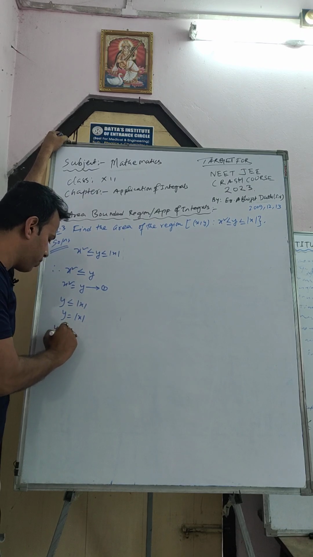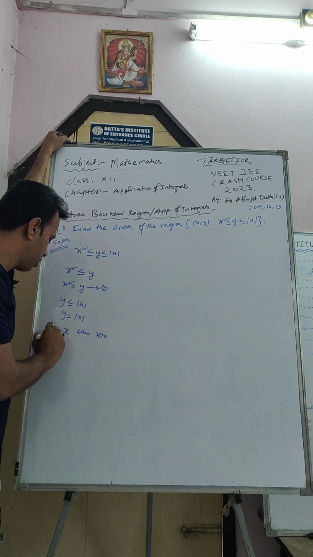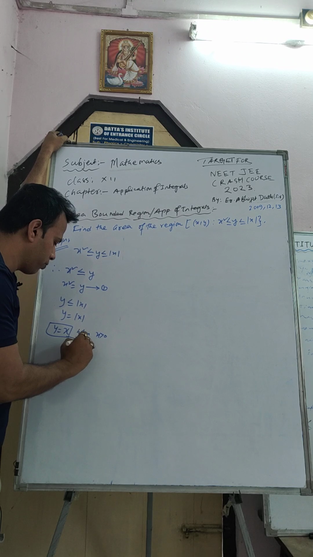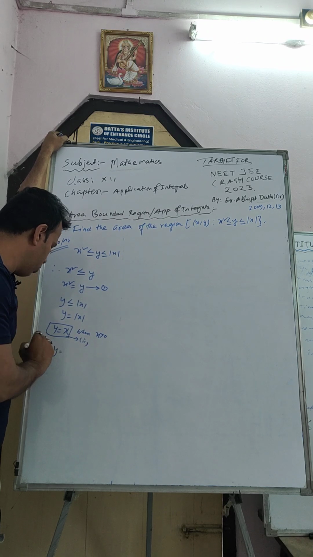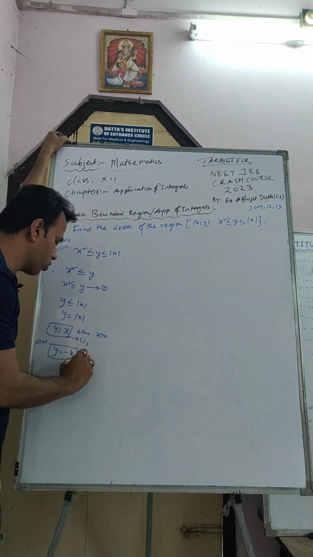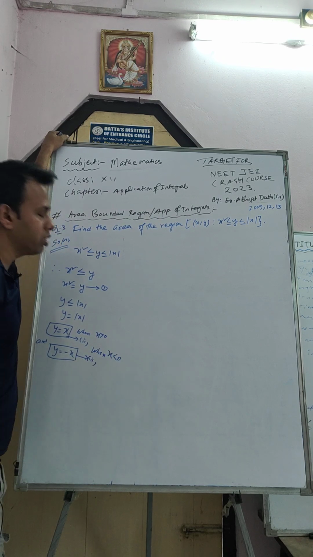We can write y = x when x > 0. This is equation number 2, and y = -x is equation number 3 when x < 0.